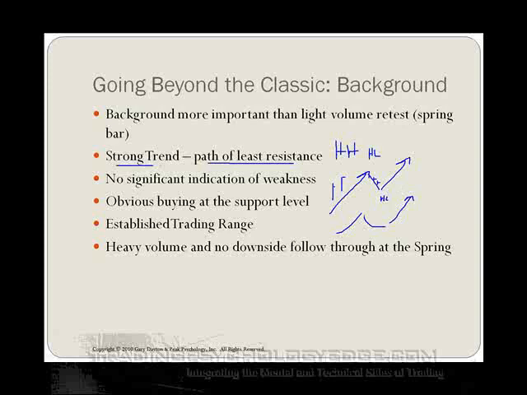We don't always get it picture perfect, but that's what we're generally looking for, okay? In the background, we're looking for strong trends. We're also looking for no significant indications of weakness. I'll show you a few examples of those on failed springs and why they fail, okay?